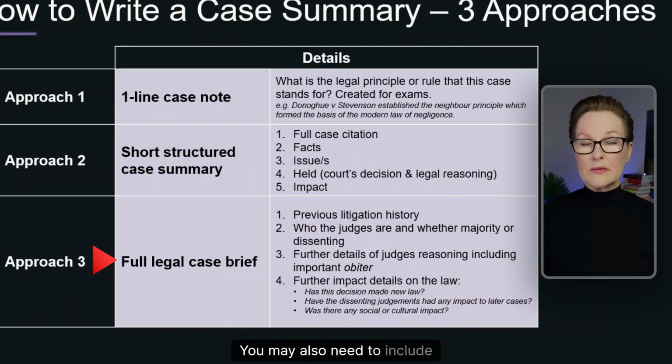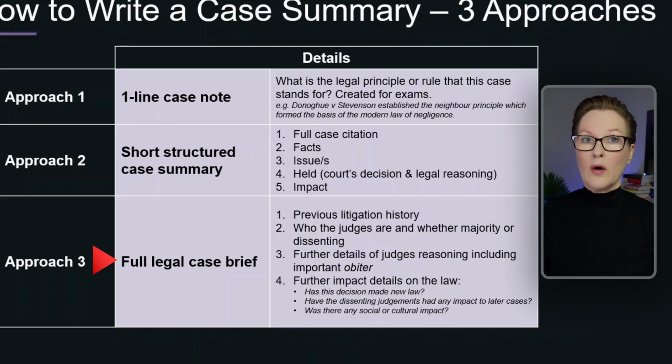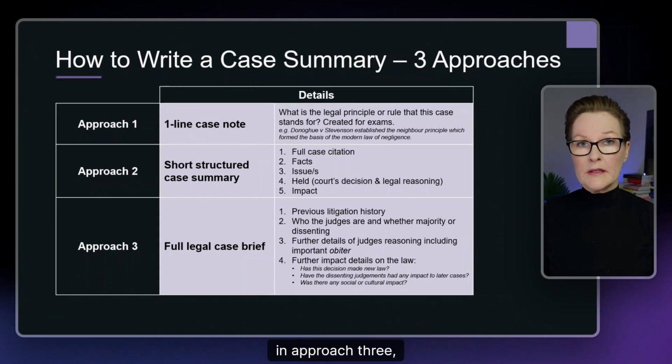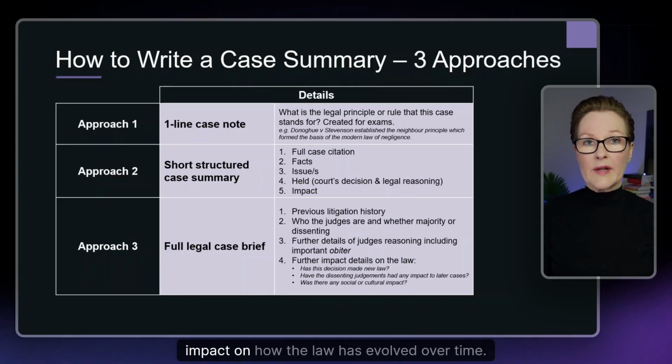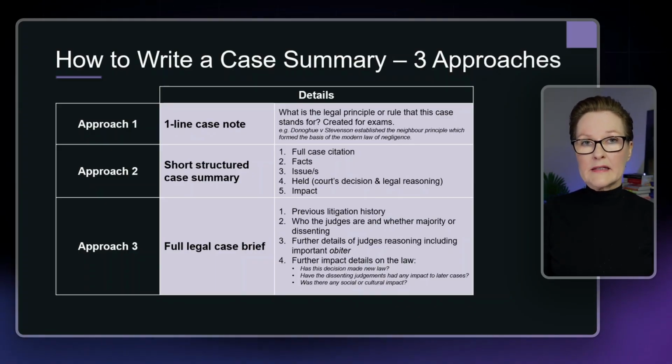You may also need to include details around the majority judgments and any dissenting or minority judgments. And maybe the case you're looking at has had an impact on how the law has evolved over time, so you will need to call that out if it is a pertinent piece of information.